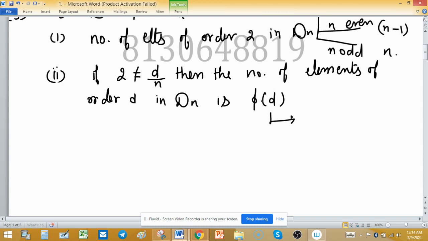This is the Euler function, normally called the Euler totient function, or Euler phi function.